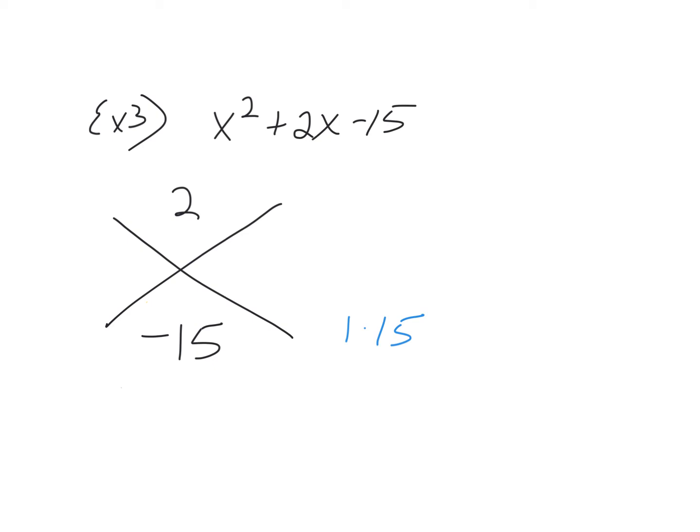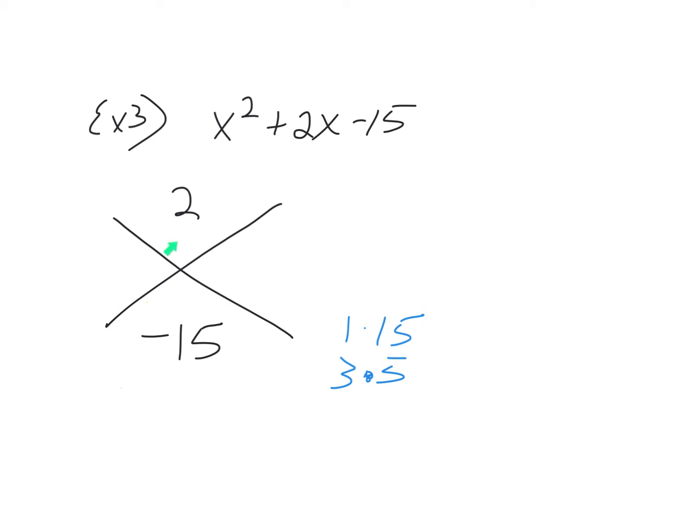So 1 times 15, 2 does not go into 15 evenly, 3 times 5, and that's it. So when we look at these, obviously 15 and 1 will never be able to equal 2 with addition. But we could use 3 and 5, because we could say 5 minus 3 or negative 3 plus 5, because one of them has to be a negative, because when we multiply these two terms, if we get a negative product, then one has to be negative.